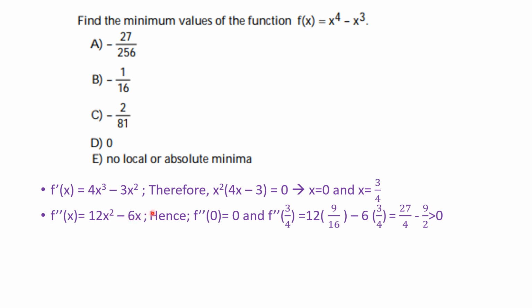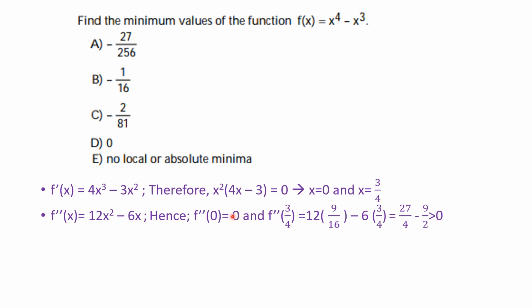We can conclude from this that f double prime of 0 equals 0 and f double prime of 3 over 4 equals 12 multiplied by 9 over 16 minus 6 multiplied by 3 over 4. And that will give us 27 divided by 4 minus 9 divided by 2, which is greater than 0.